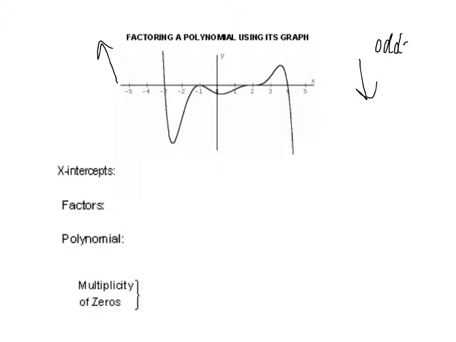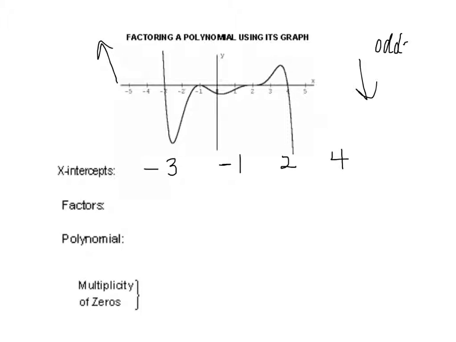All right. So let's talk about the x-intercepts. The x-intercepts are the places where the graph crosses the x-axis. And you'll notice that it is at -3, -1, 2, and 4.